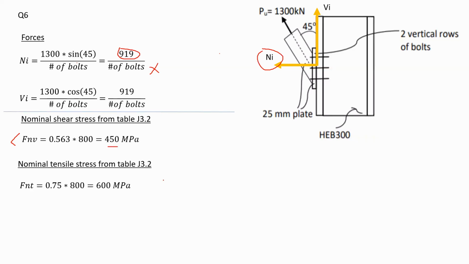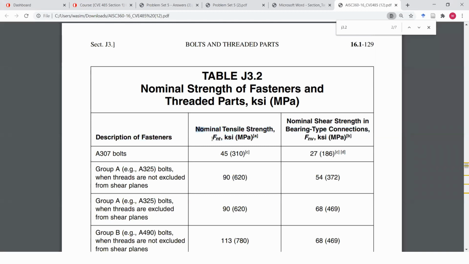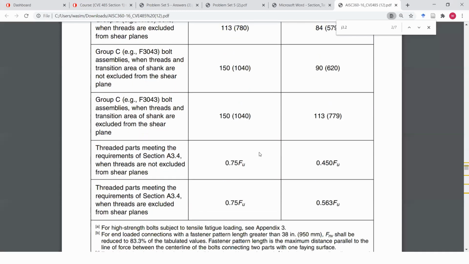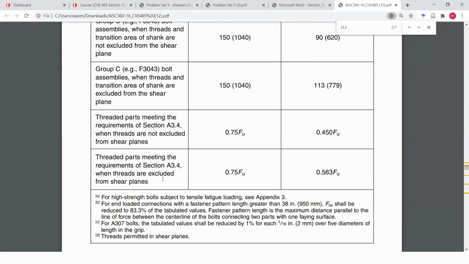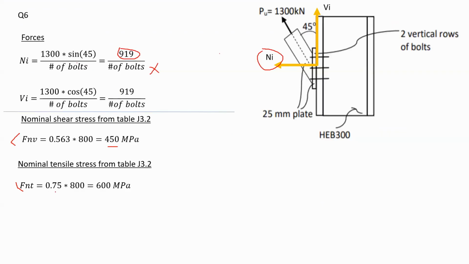Now I need one more thing. I need the nominal tensile stress, since I have tensile force, and that is called FNT. You go back again to the table, and FNT is actually shown in the first column. That's your FNT. How would you calculate that? Similar to this one, threads excluded, and it would be 0.75 F ultimate. So 0.75 multiplied by 800 would give me 600 megapascal. What else do I need?